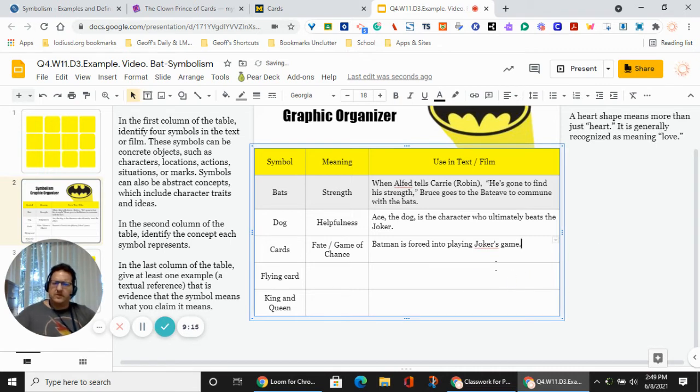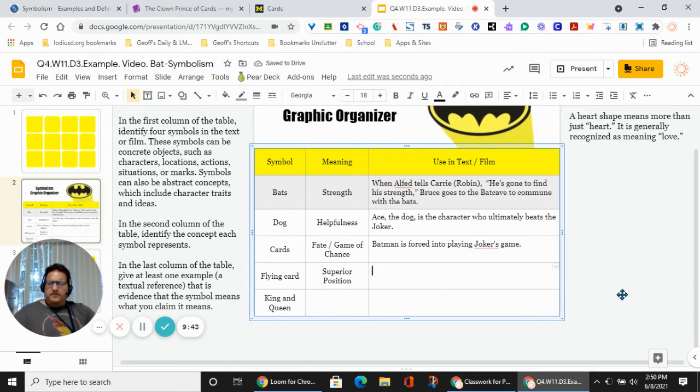Right? There's a nice connection there to the text. It's the flying card. Okay, what does that represent? Well, you have a card, it's flying, it's in a superior position. So I would say that the fact that it's above or in a superior position is probably what the whole flying thing means. So I'll just put superior position.